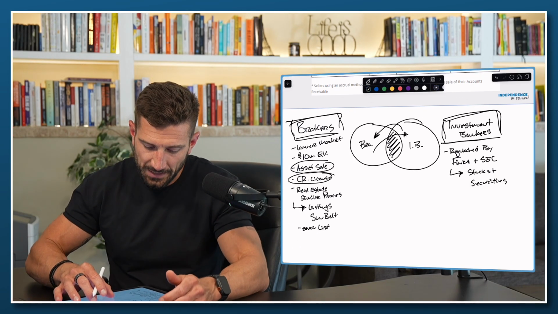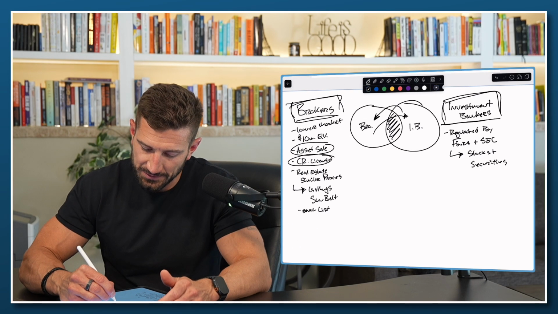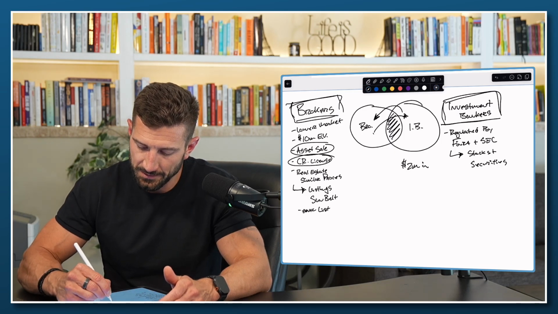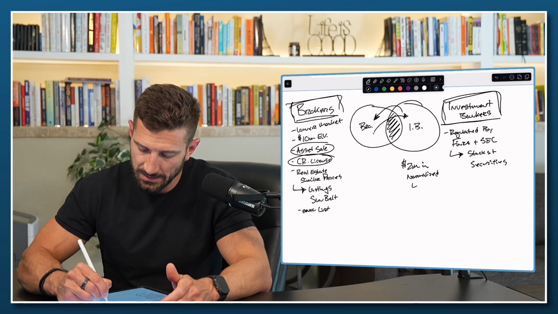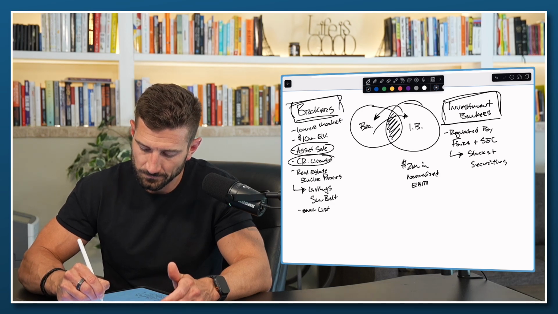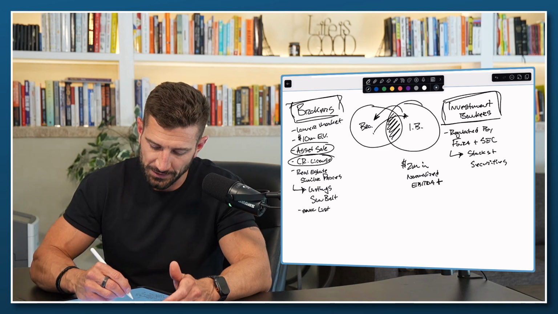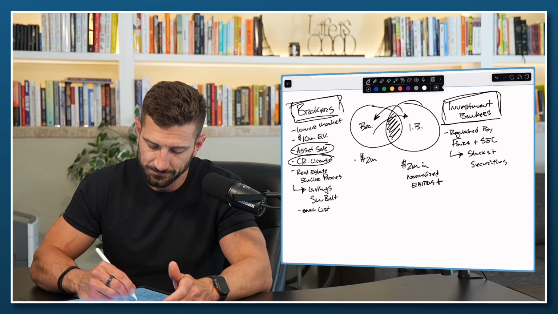So a couple of rules of thumb here too: over here, you're looking at usually 2 million in normalized EBITDA and above. And over here, it's below 2 million.